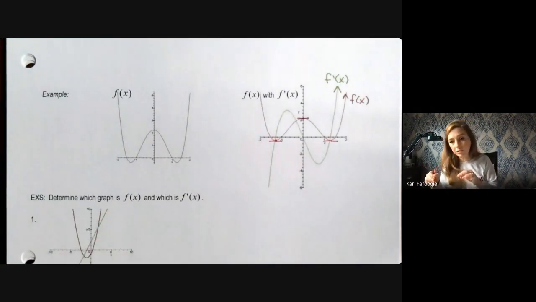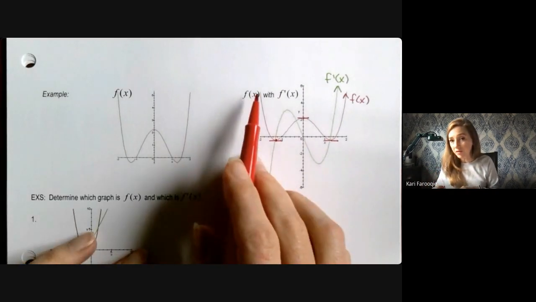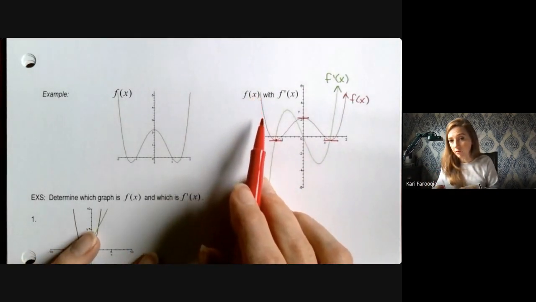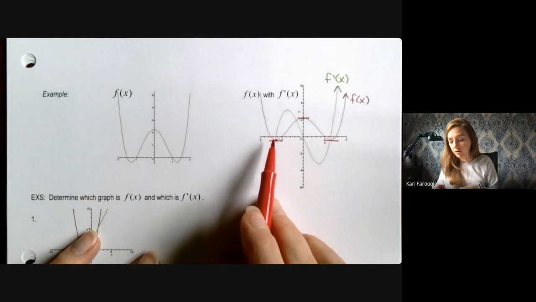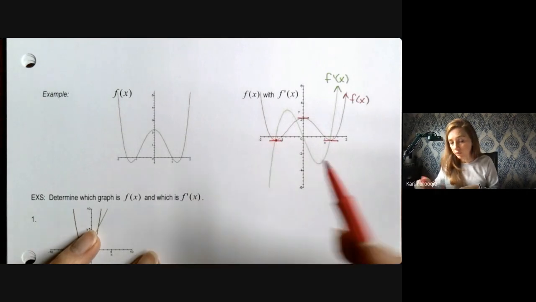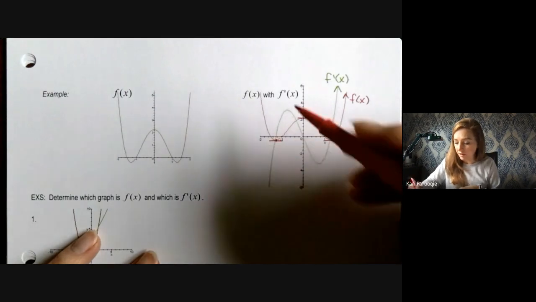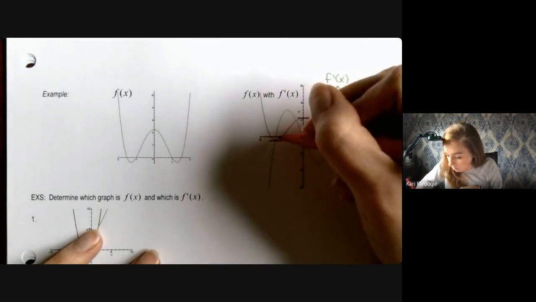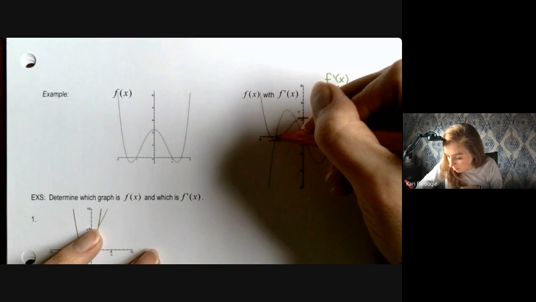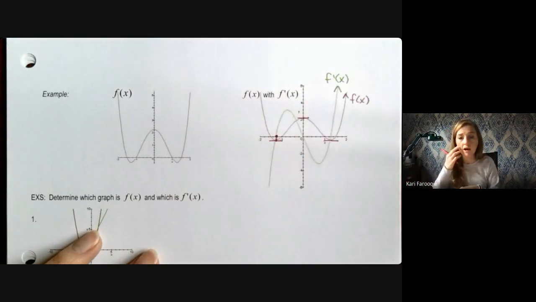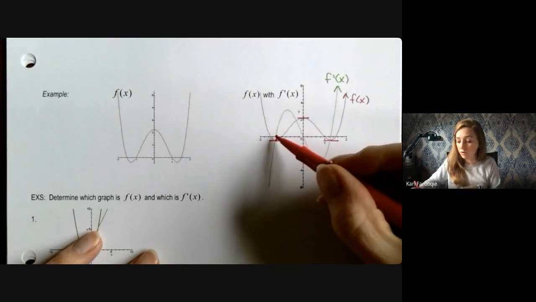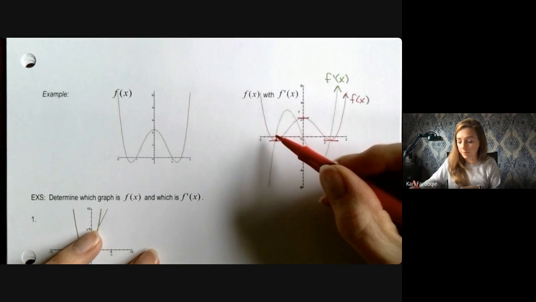What you're seeing with the graph of the derivative is that when the slopes of the tangent lines of f of x are negative, the graph of the derivative function contains negative values. Now, you'll see that right here, where you hit this minimum value, it corresponds to the point on the derivative graph where you have this x-intercept. So the graph of the derivative is 0 at that point.